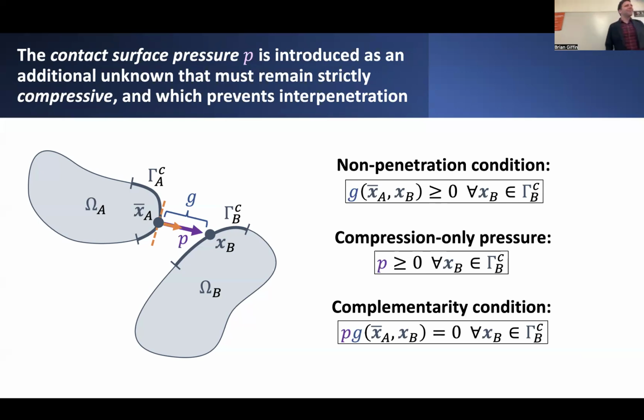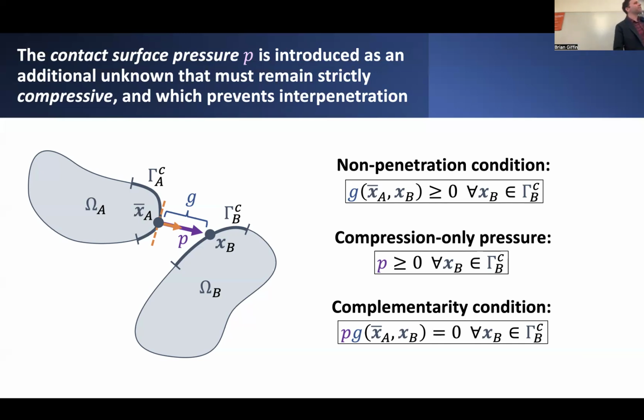So in parity with all of the things that we previously developed, we can come up with this non-penetration condition that says that the gap function always has to be greater than or equal to 0. We can introduce in parity also a compression-only description of that contact pressure. It can only resist force and push the bodies apart if they come into contact, but it can't hold them together. It can't be tensile.